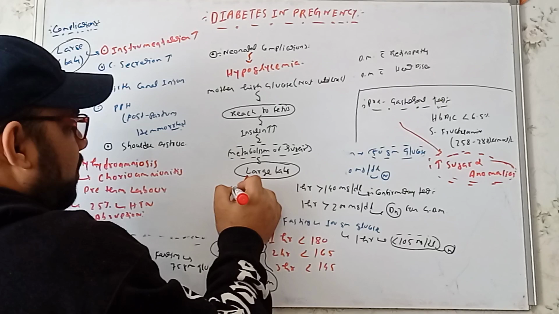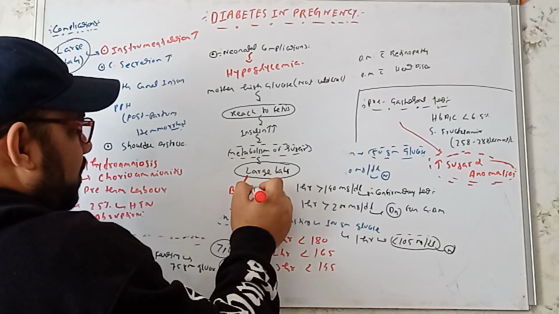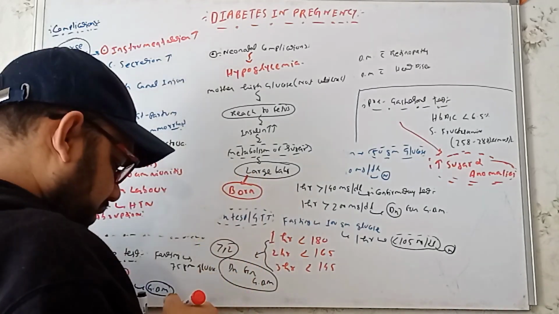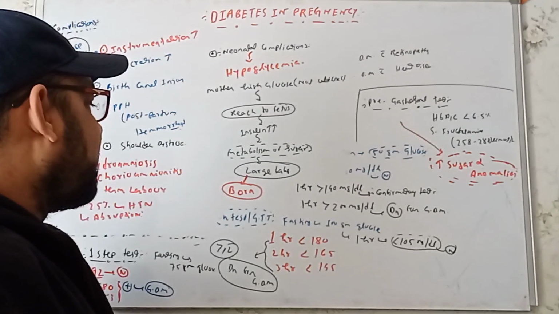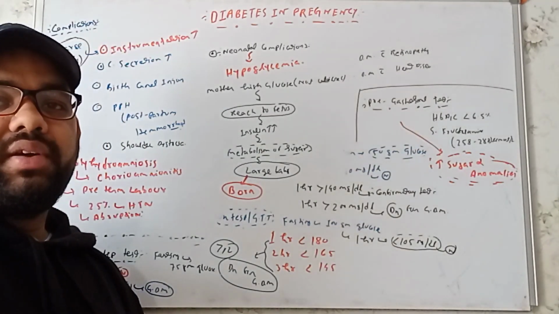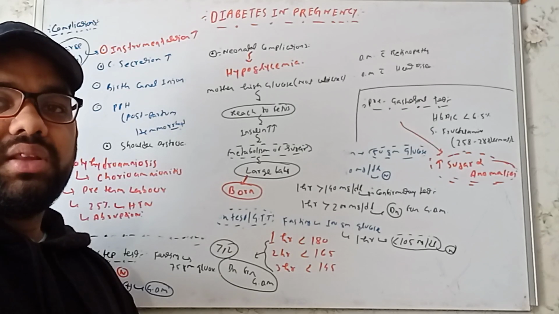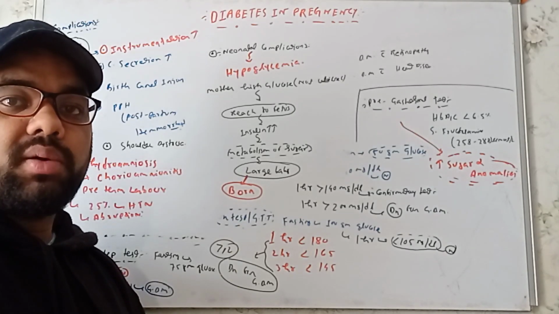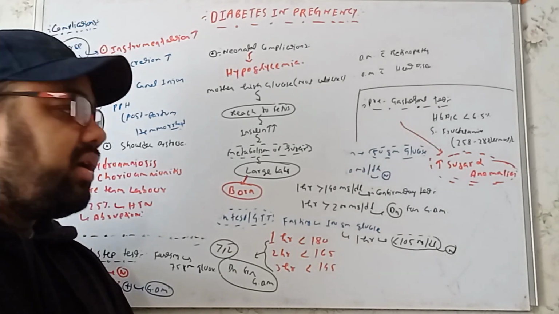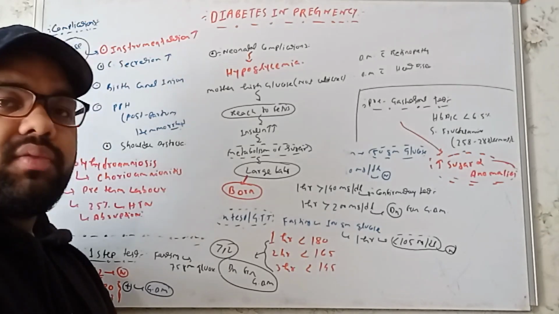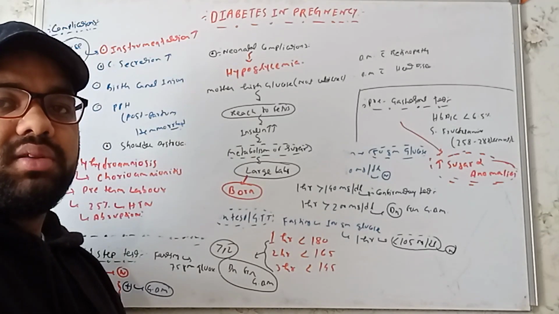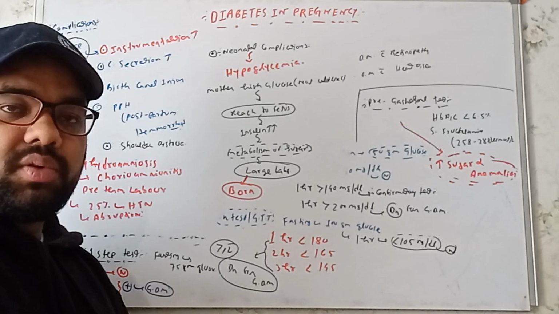After the fetus is born, the neonates will have the tendency to secrete more insulin. But whatever glucose the baby got from the mother will be utilized properly.